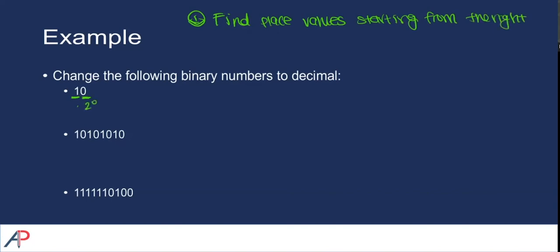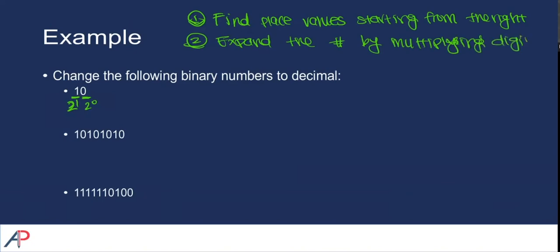So this is 2 to the 0th power, then 2 to the first power. Then expand the number by multiplying digit to place value. Find the total sum.